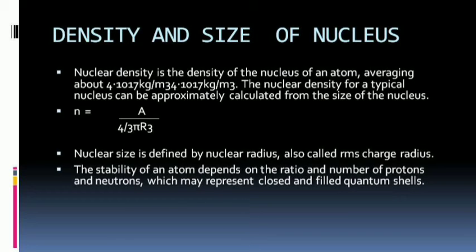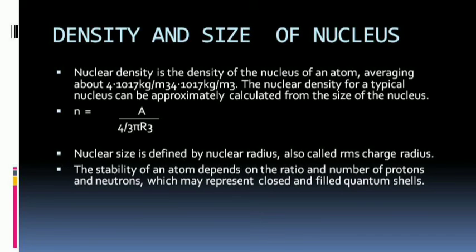Moving on to the next factor, the density and size of the nucleus. Nuclear density is the density of the nucleus of an atom, averaging about 4 times 10 to the power 17 kg per cubic metre. The nuclear density for a typical nucleus can be approximately calculated from the size of the nucleus.